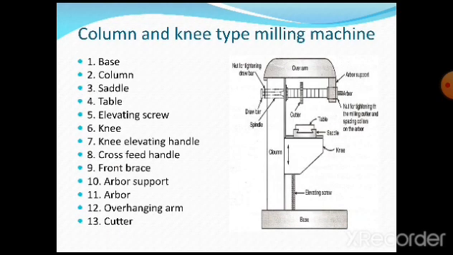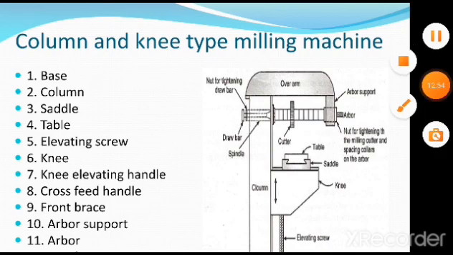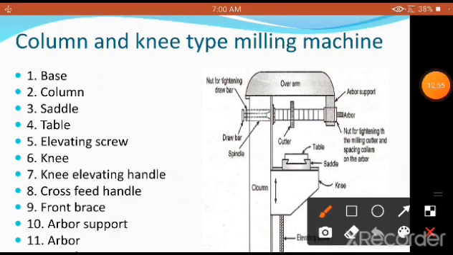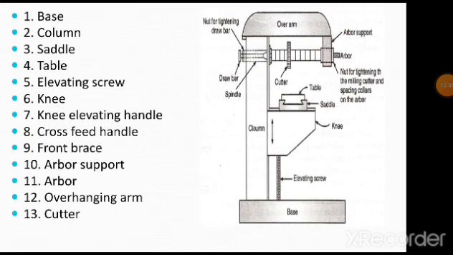Now let us understand in detail the basic parts of the column and knee type milling machine. There are 13 different parts. If you observe keenly, the first one coming up is the base, which is very commonly used, at the bottom most portion. And the column, the saddle, table, elevating screw, knee, knee elevating screw.